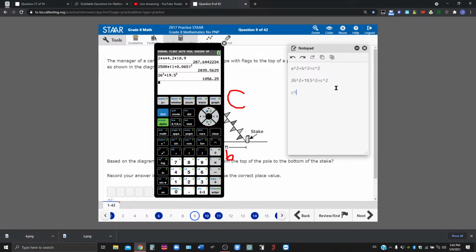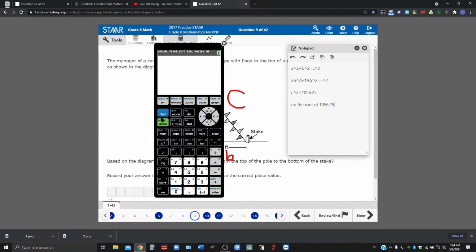We know c squared equals 1056.25. And to get c, we just take the root on both sides. C is the root of 1056.25. So let's do the root. The root button on this one is the same button as the square, but it's in blue.